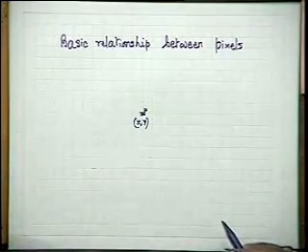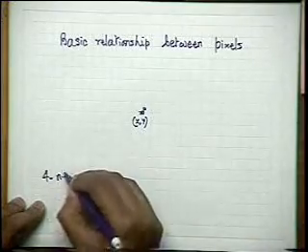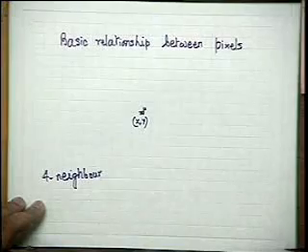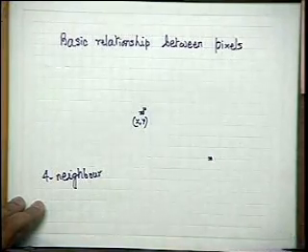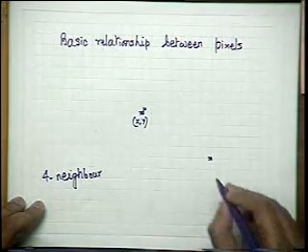The first definition in this connection is the definition of a four-neighbor. Given a pixel x, y in this particular position, the four-neighbor is defined as follows.